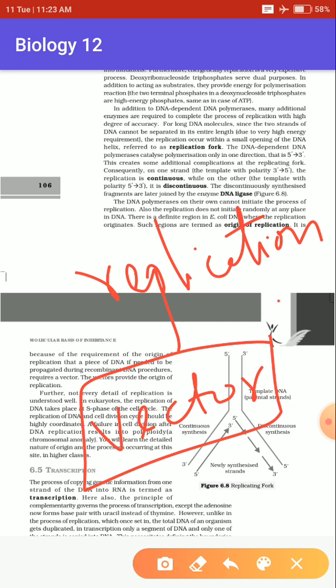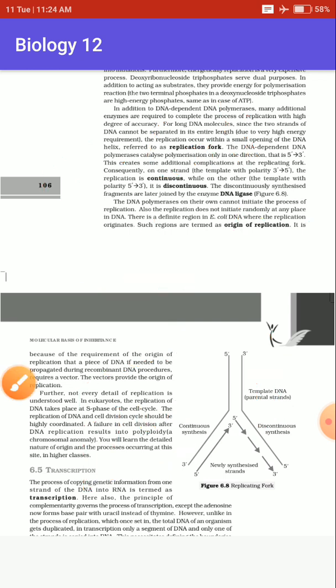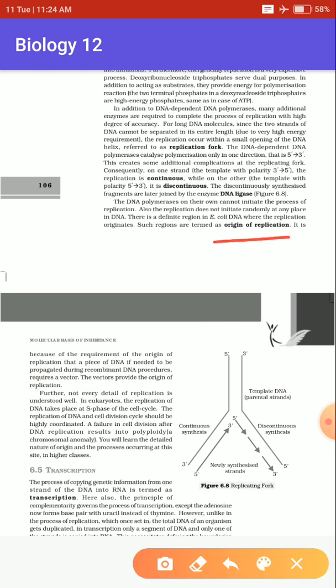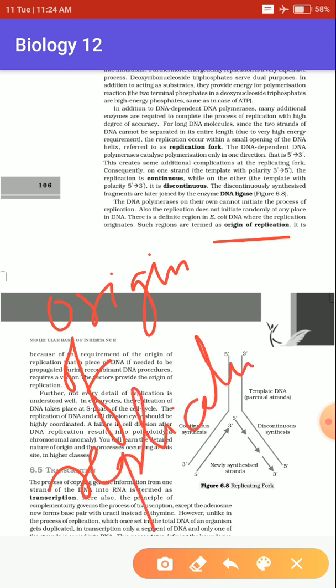So, if you are taking the example of the bacterium E. coli, then in its case there will be a particular region where the DNA replication fork is initiated, and that position is known as the origin of replication. Origin of replication, that actual position is known as the origin of replication.